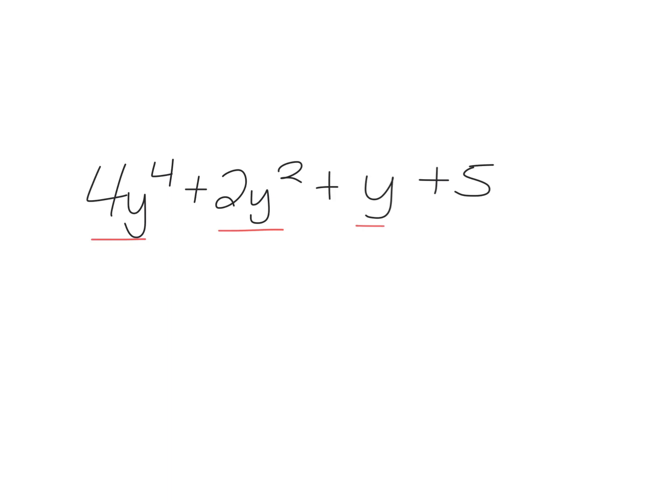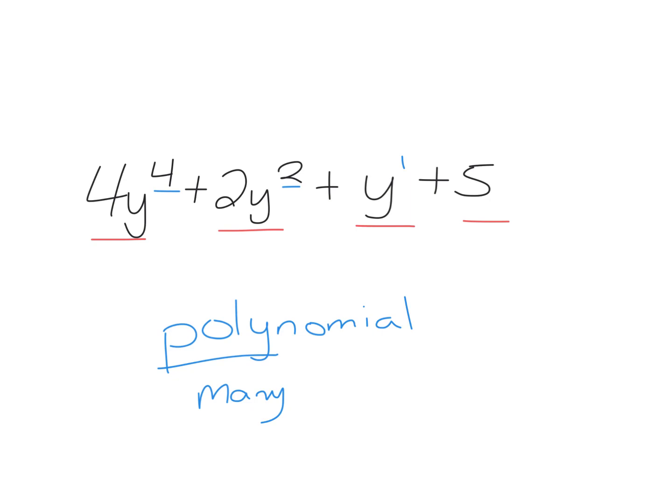Can we combine any of them? No, right? You can only combine ones that share the same exponent, but we are all different. So if you have one that's bigger than a trinomial, it's just called a polynomial. Poly means many. So this would just be a polynomial if you have more than 3.